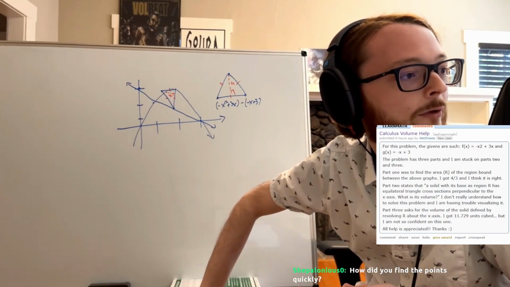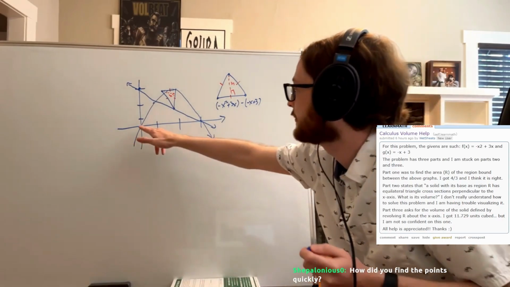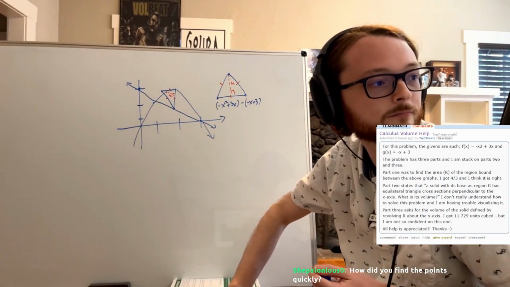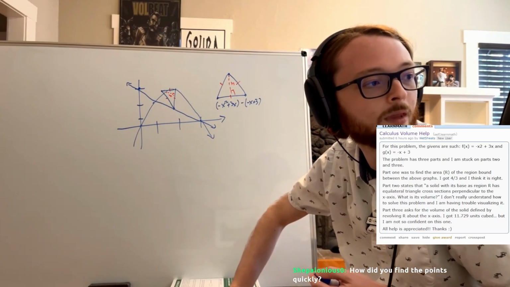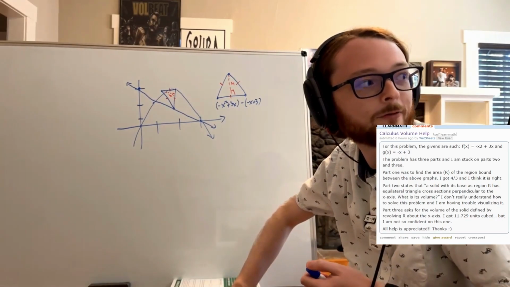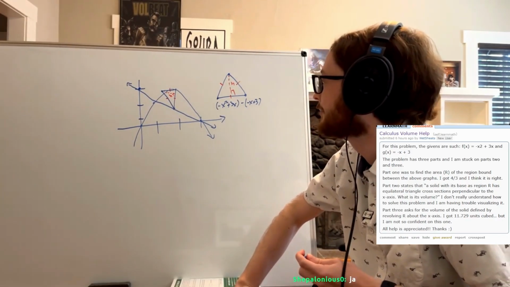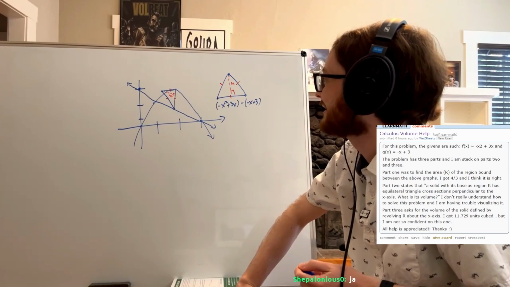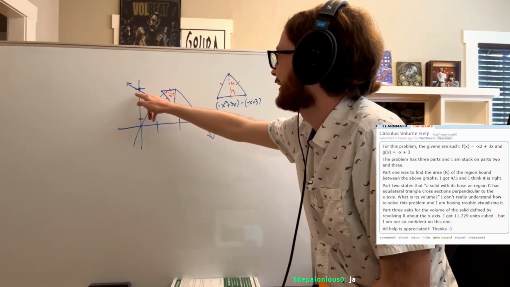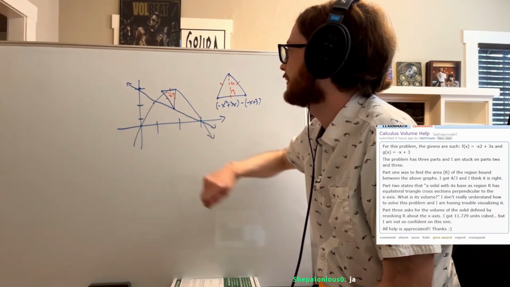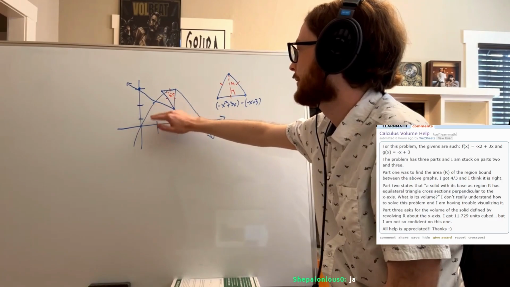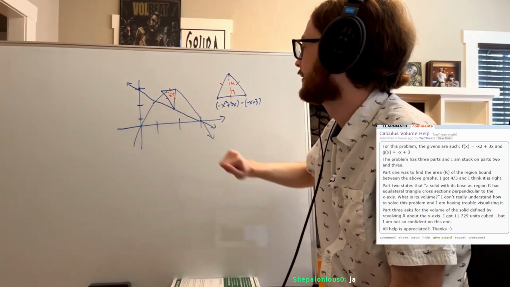How did I find the points quickly? Oh, like these points to draw the parabola and the line shape. I cheated a bit because I remembered the graph from Wolfram Alpha, but at least to get the line, I plugged in x equals 0, and I found that y equals 3, so I drew that point. And because the slope of the line is -1, I knew it must go through that point at 1, 2.